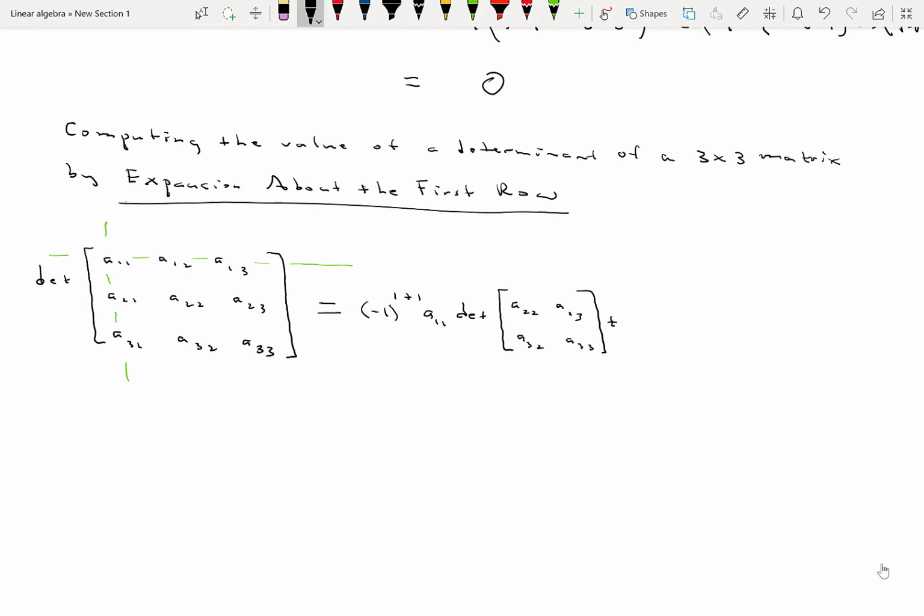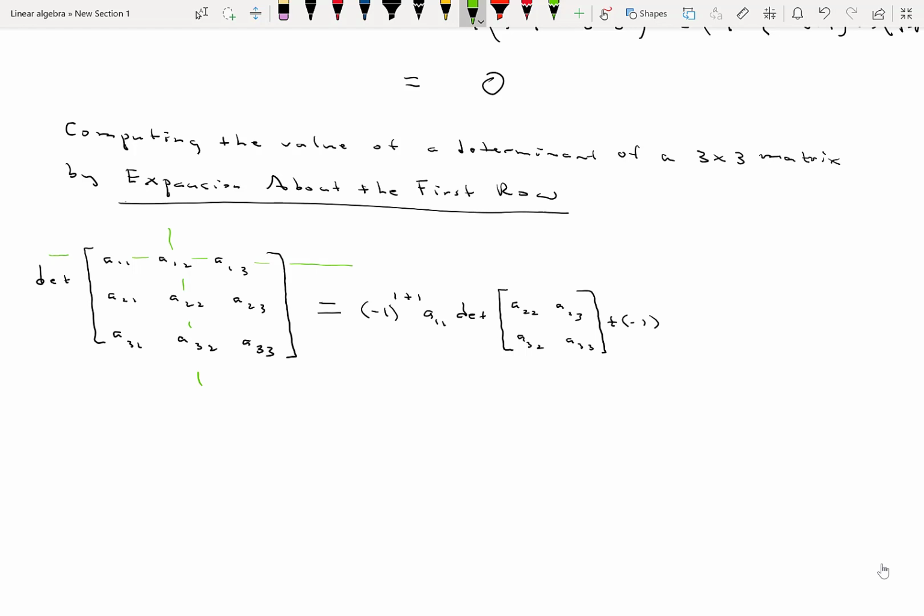Plus, the little red minus sign is being replaced with -1 to the power. The next part of the process before was to imagine the little green line being moved through the second column. Now we can do that again.